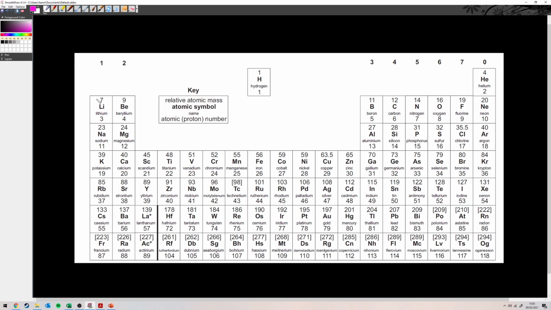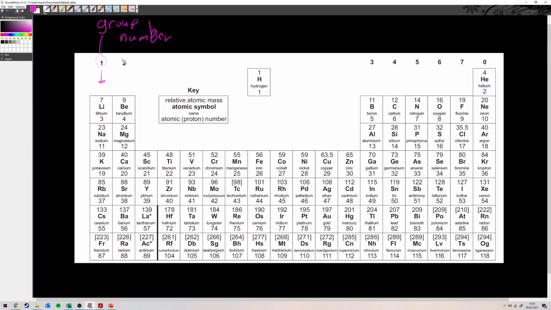Now, first of all, possibly the most important thing that you need to know, this number up the top here. Okay, this represents the group number. So, lithium, sodium, potassium, rubidium, caesium, and francium are all in group 1.